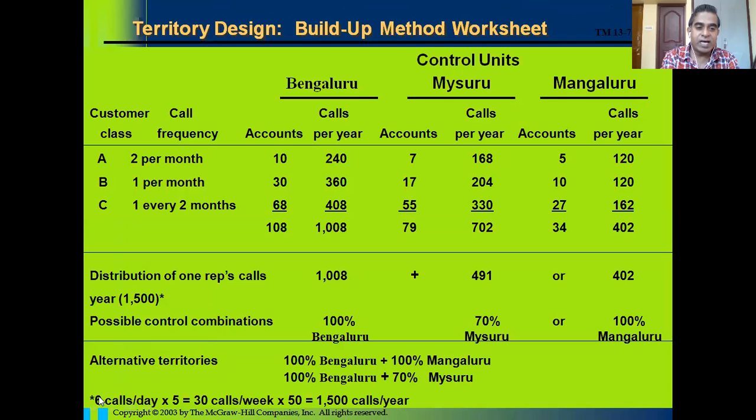Here, can you see this last line, where I am moving the cursor? Yes, sir. See this 1,500 calls per year. Yes, sir. So 1,000 calls total are for all sales reps put together.